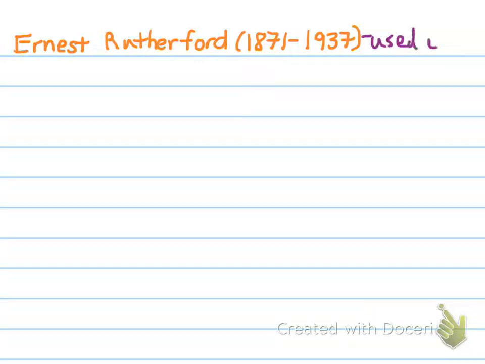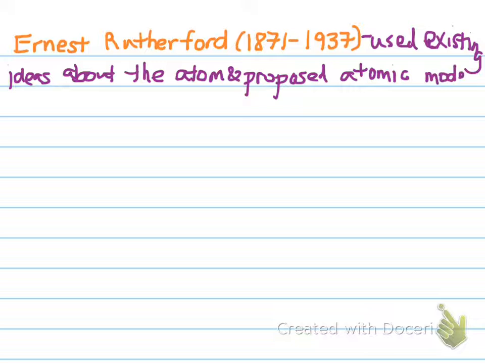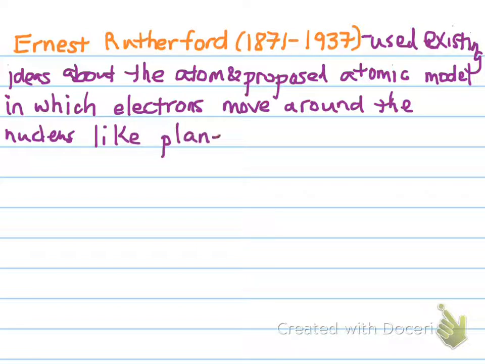He used existing ideas about the atom and proposed an atomic model in which electrons move around the nucleus like planets move around the sun.